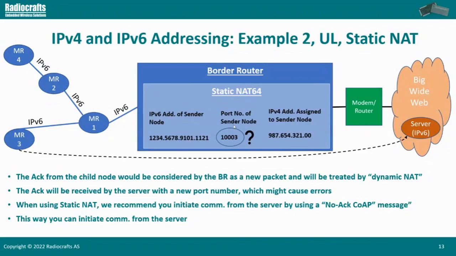But if you go in EC using our API and you print the network tree and you get the device numbers, and you say that device number 3 is port number 10,003, then you ask the server side to initiate communication using that port number, then while coming down, it will be routed down using static NAT. So they are both working. It's not a mode that you can choose to enable this or that.